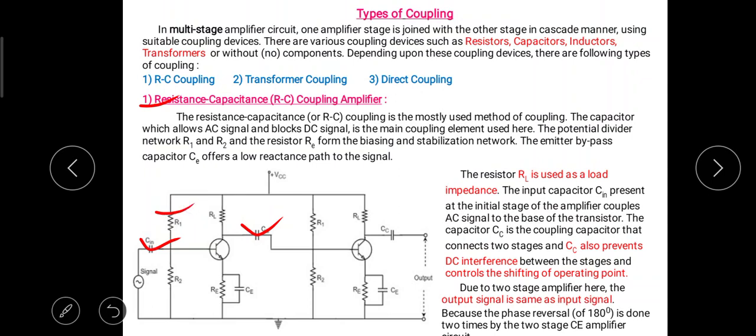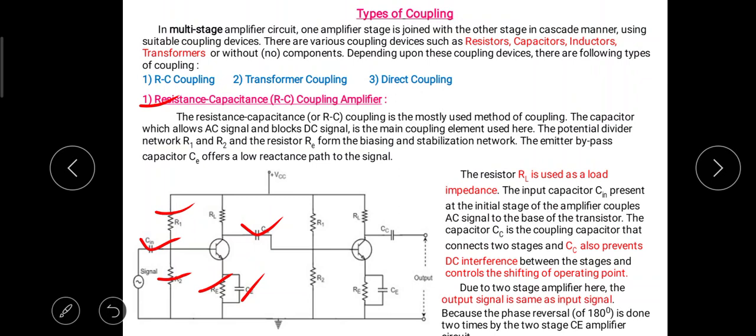The resistors R1 and R2 are used for providing proper biasing to this amplifier circuit, and similarly the resistor RE and capacitor CE are used for proper stabilization of the operating point. Such a type of amplifier we have already discussed in first year.